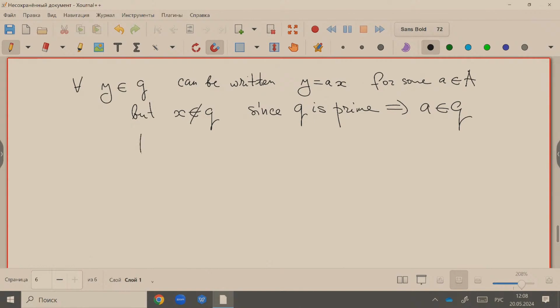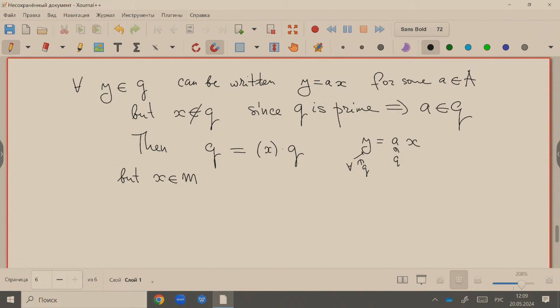Then this implies that any element of Q can be written as X times A, where A belongs to Q. So this implies that Q is equal to X times Q. Since you have written y as AX, where this is any element of Q, and we have proved that A belongs to Q. But X was in M, so X was not invertible.